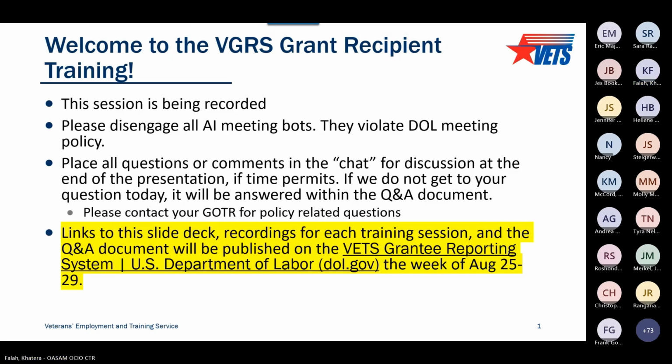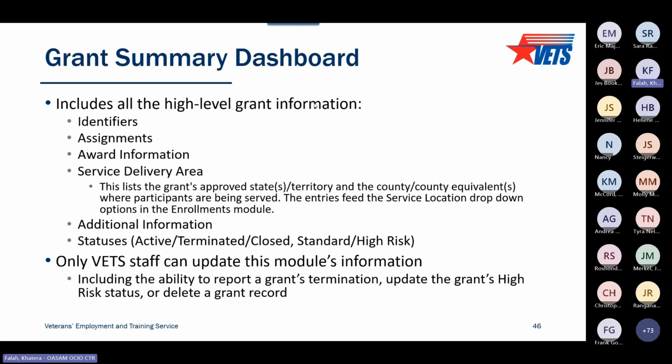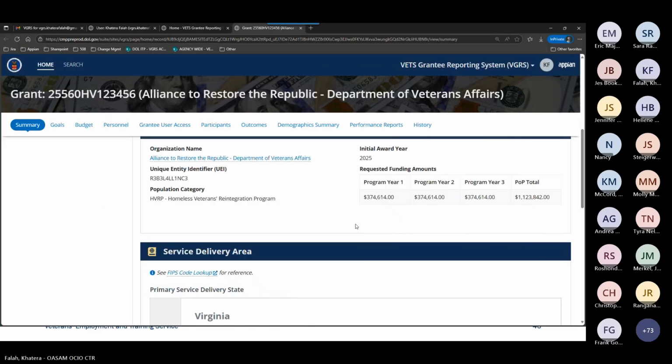Let me just save my spot with the deck, and then I'll go back to our grant record right here. Okay, so thank you. In our grant record, we also have our population category.